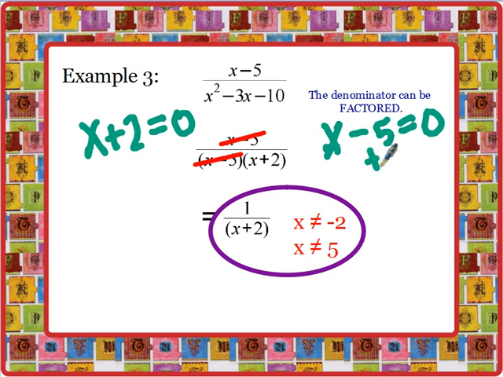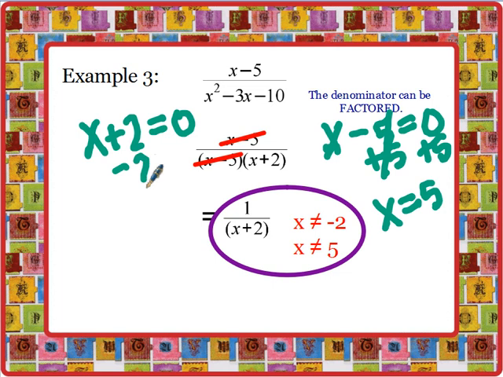If I add 5 to both sides, I get x equals 5. And over here, if I subtract 2 from both sides, I get x equals -2. These are the numbers that x cannot equal because they make my denominator 0.